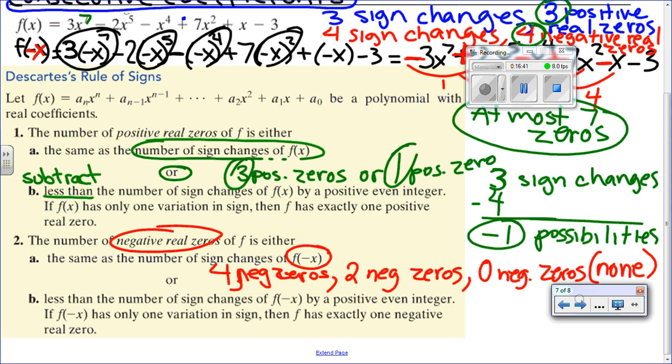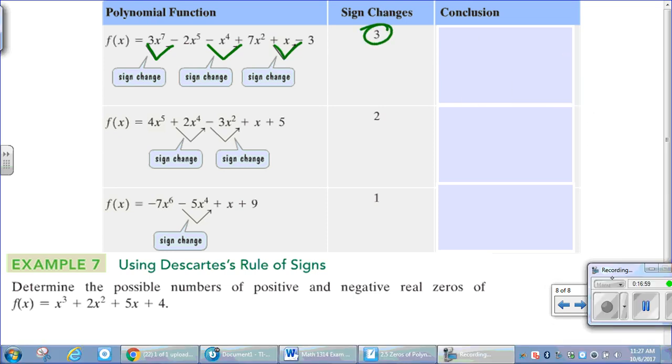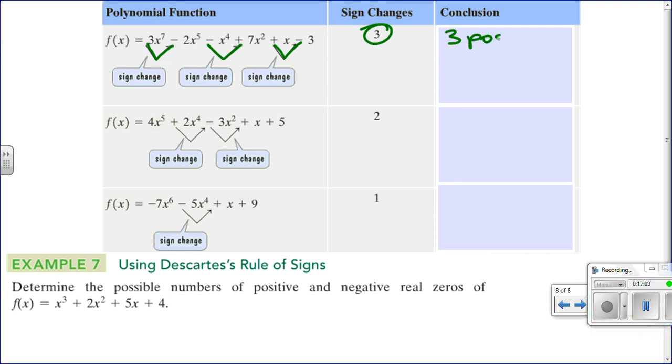Alright, so we're going to do a last example with it. So let's use this table first. So we count the sign changes from here to here, that's 1. And then from here to here, that's 2. From here to here, that's 3. So we have 3 sign changes. So in conclusion, we could have either 3 positive zeros, or if we subtract 2, it will be 1 positive zero.